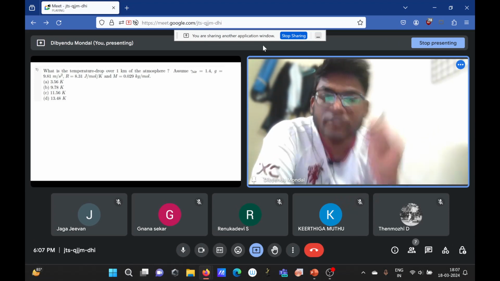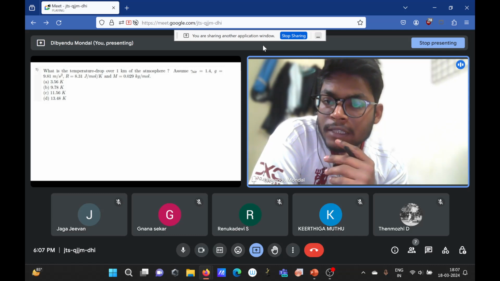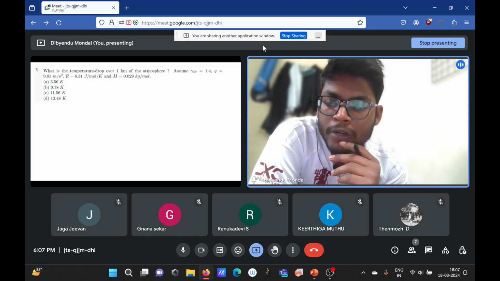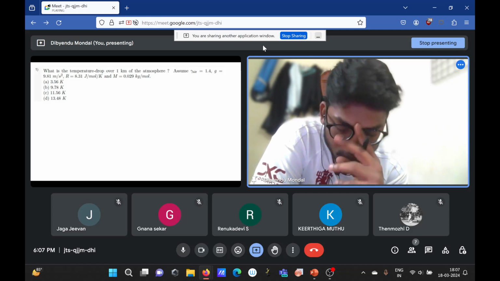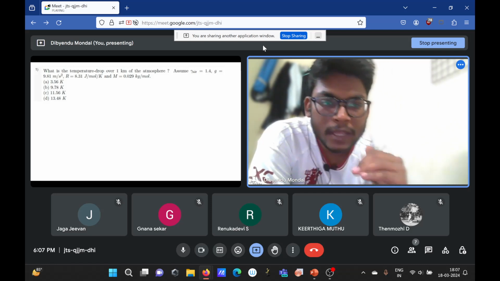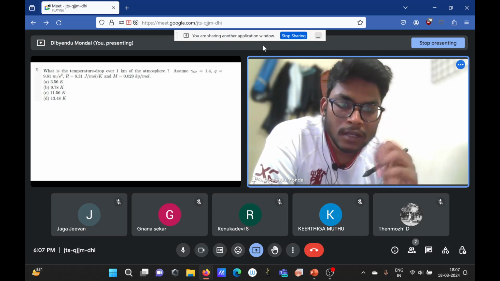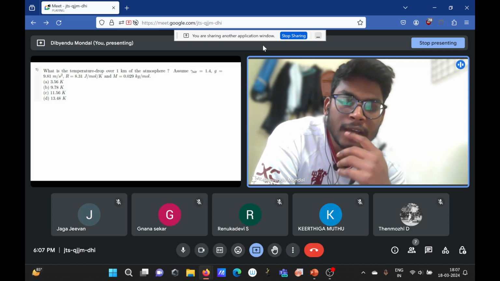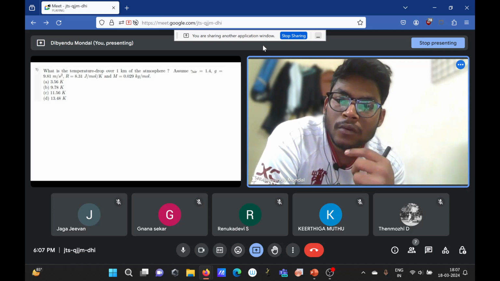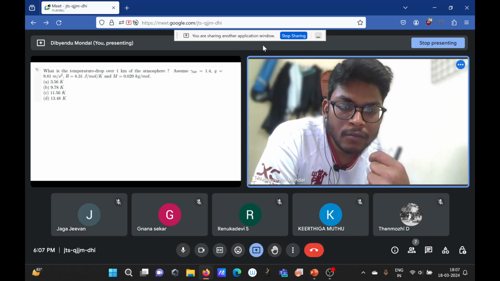The first problem says, what is the temperature drop over 1 kilometer of atmosphere? As we go upwards, the temperature reduces as the height increases, right? So here we have to determine the temperature drop if you travel 1 kilometer of height.